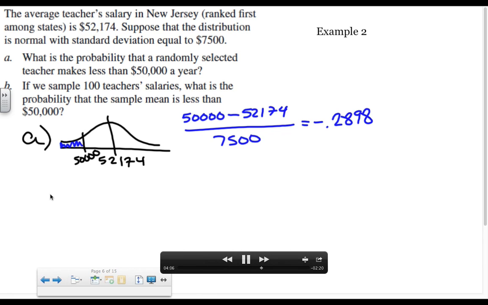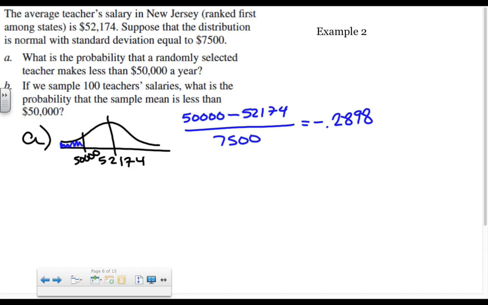Then, if I were to look that up in the chart and get the area, the probability that a single teacher makes less than $50,000 a year, I look it up on the chart and I end up with 0.1141.